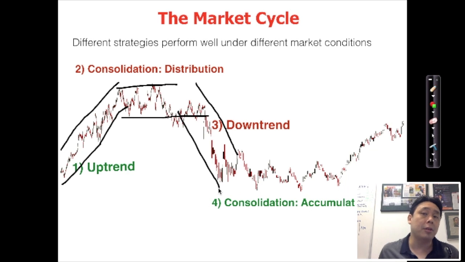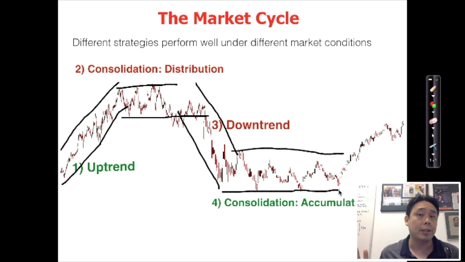The market is pessimistic, it is bearish, and prices make lower highs and lower lows. Eventually, the downtrend will bottom, and it normally bottoms once the last retailer sells in panic. After the downtrend ends, you have another consolidation phase where the market moves sideways, except it's an accumulation consolidation phase.